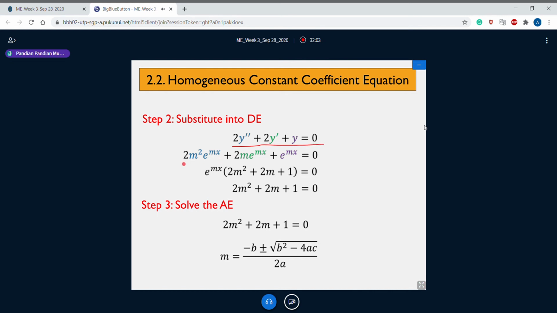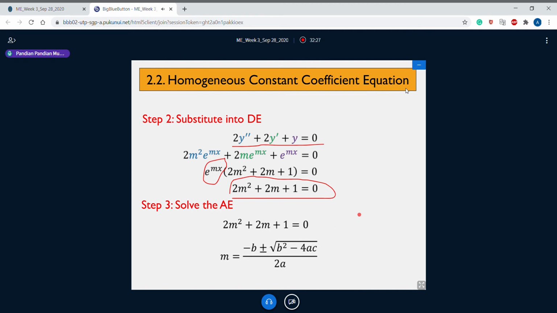You substitute: 2m² e^(mx) + 2m e^(mx) + e^(mx) = 0. You take out e^(mx) as usual because this is not 0. Then you have 2m² + 2m + 1 = 0. This is your quadratic equation.